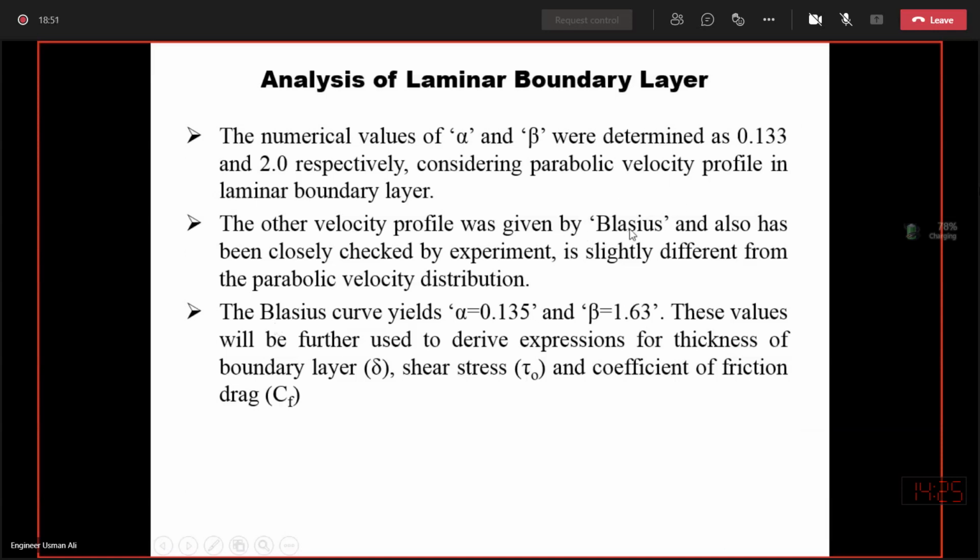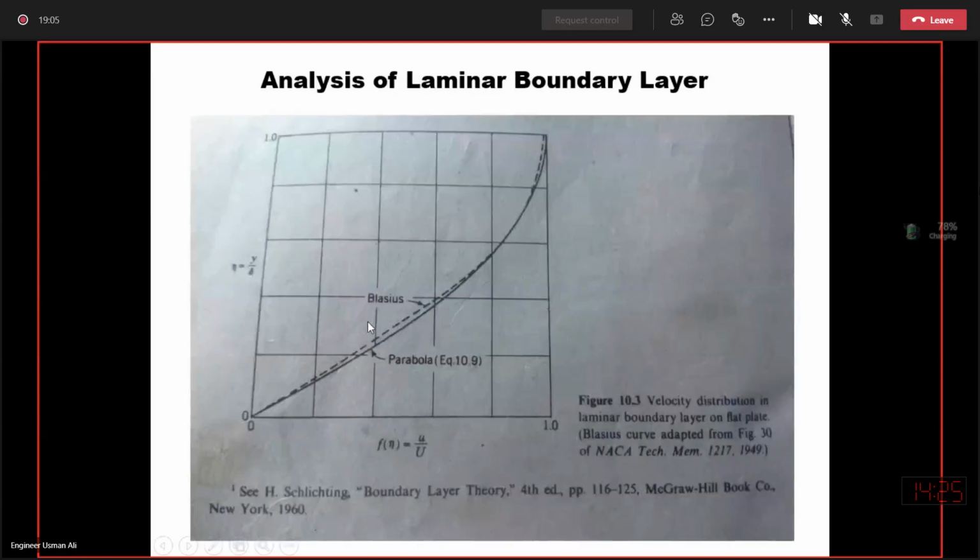Now Blasius is the scientist, an engineer, who worked on this velocity distribution within the boundary layer for laminar flow, and he found that this velocity distribution is slightly different from the parabola, especially in this central region. You can say the Blasius curve and the parabola curve are slightly different.